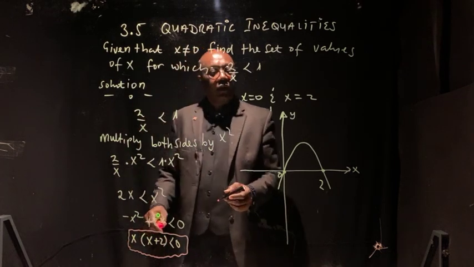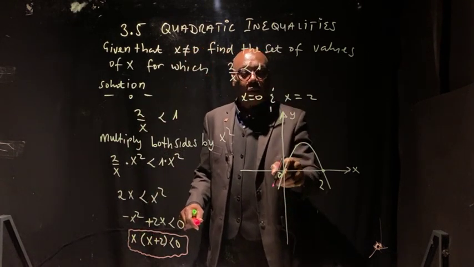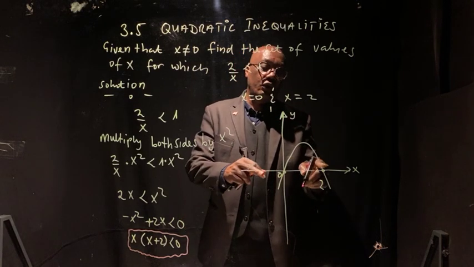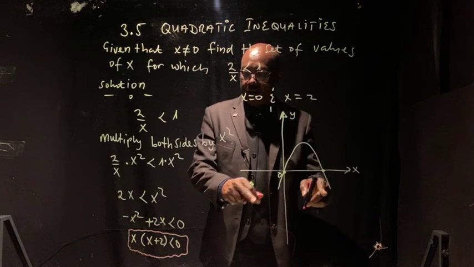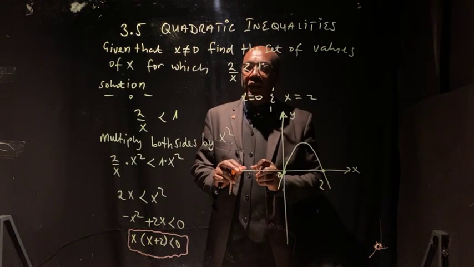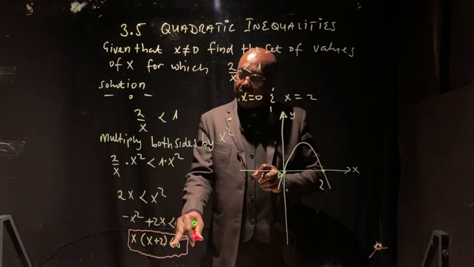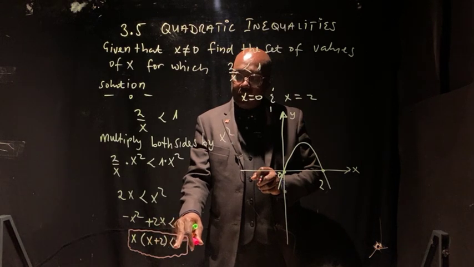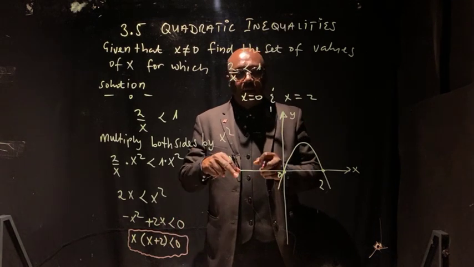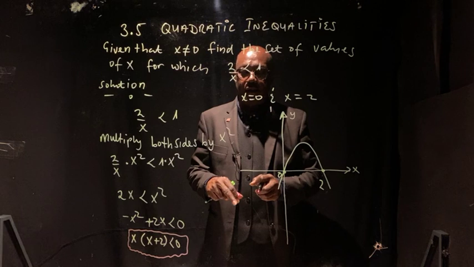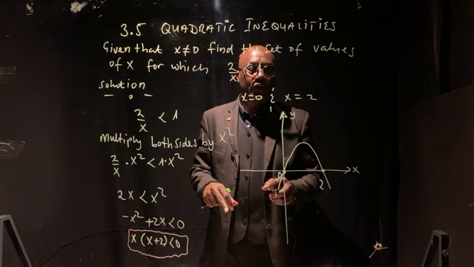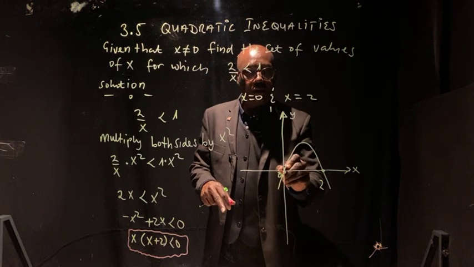A less than sign indicates the portion of the curve below the x-axis. Listen very carefully, because most of our analysis will be based on that. The expression on the left-hand side is less than 0, which indicates that the values of x we are looking for are those below the x-axis.